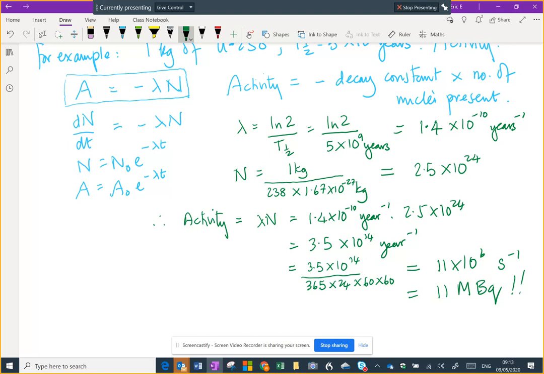But a kilogram of uranium-238, pure, of course. So if you went to a uranium mine, as we heard earlier from Casper, it wouldn't be pure uranium-238, let alone U-235. But if you did get a kilogram of uranium-238, then it would be belching out 11 million alpha particles every second.